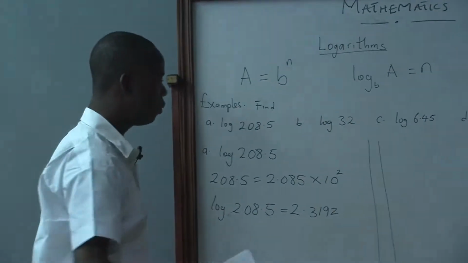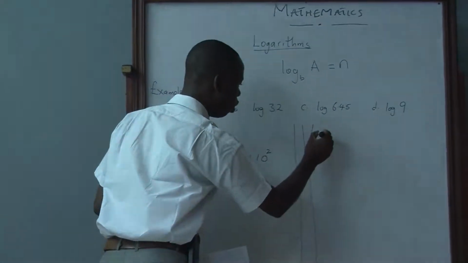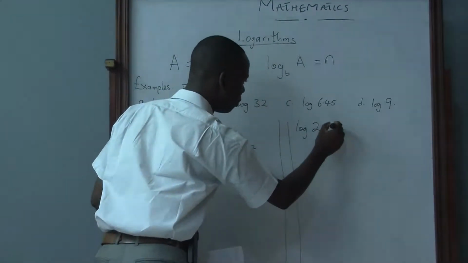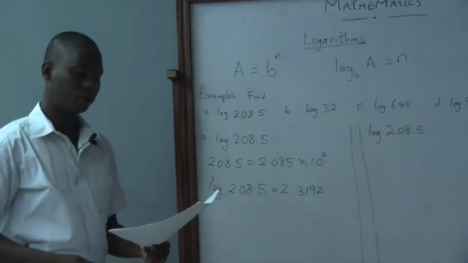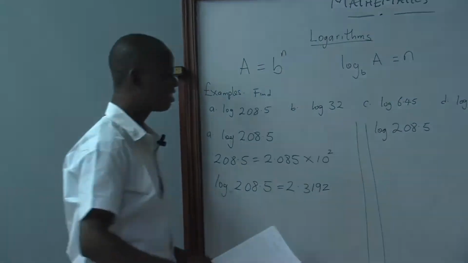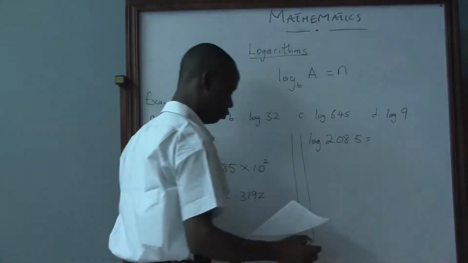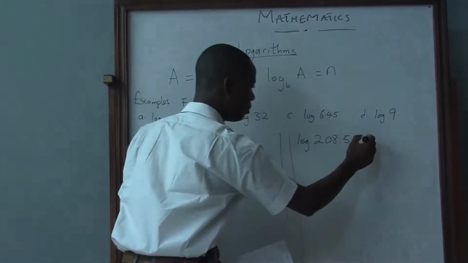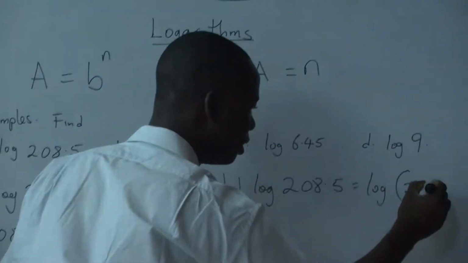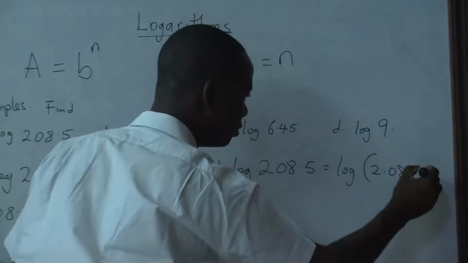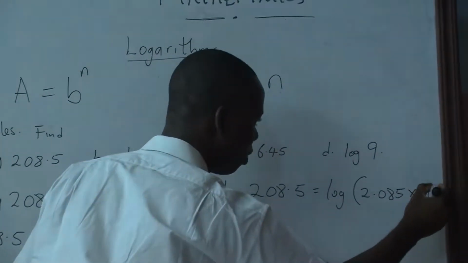Look at it. We are looking for log of 208.5. Writing this number in standard form, that is log of 2.085 times 10 raised to the power of 2.